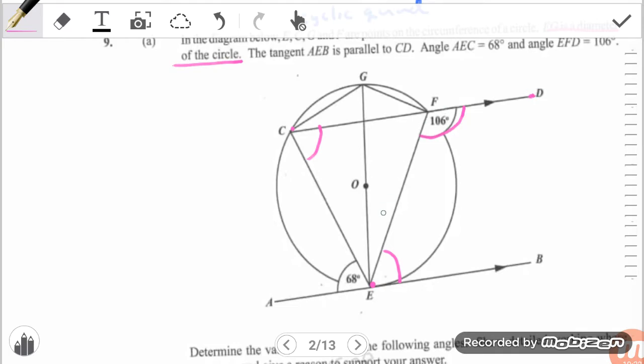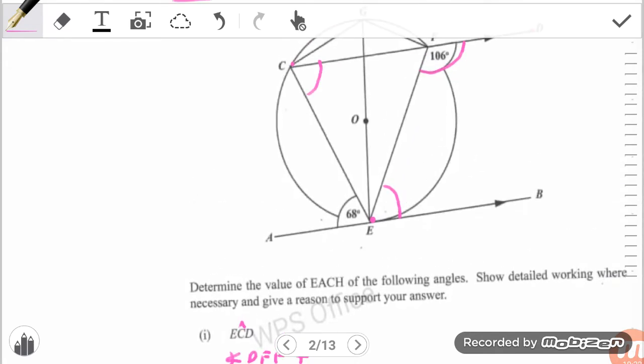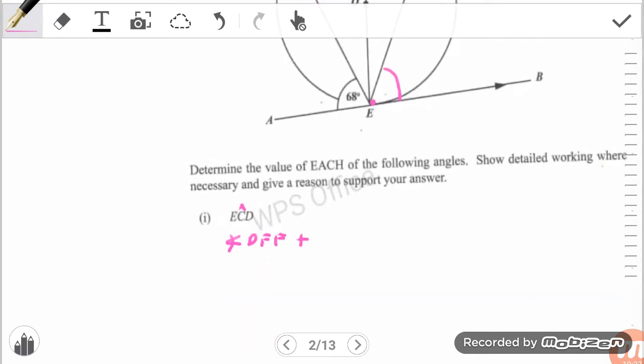DFE, that's the 106 degrees. So angle DFE plus this angle down here, BEF, plus angle BEF is equal to 180 degrees.